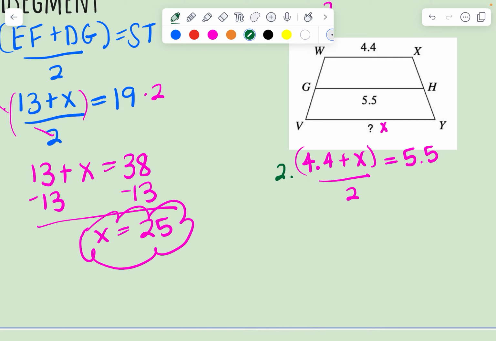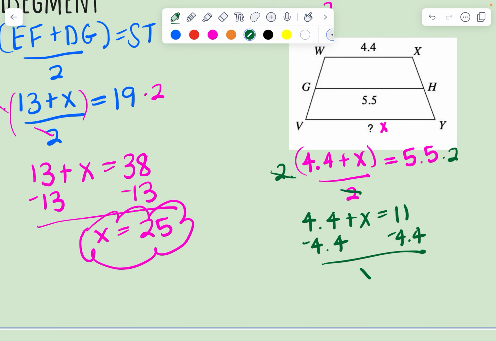Solving this, we'll multiply both sides by 2. On the left side, the 2's cancel. So I have 4.4 plus X equals 11. And taking 4.4 from both sides, we get that X is 6.6.